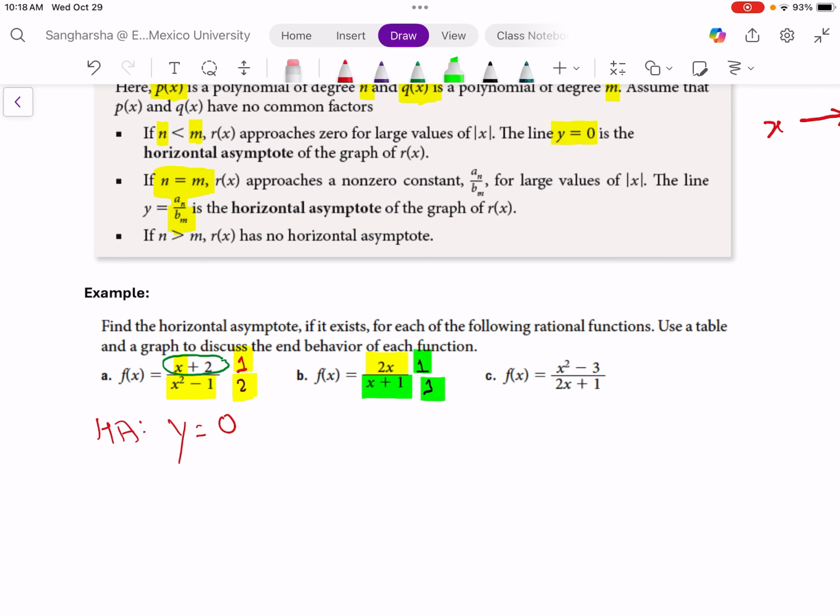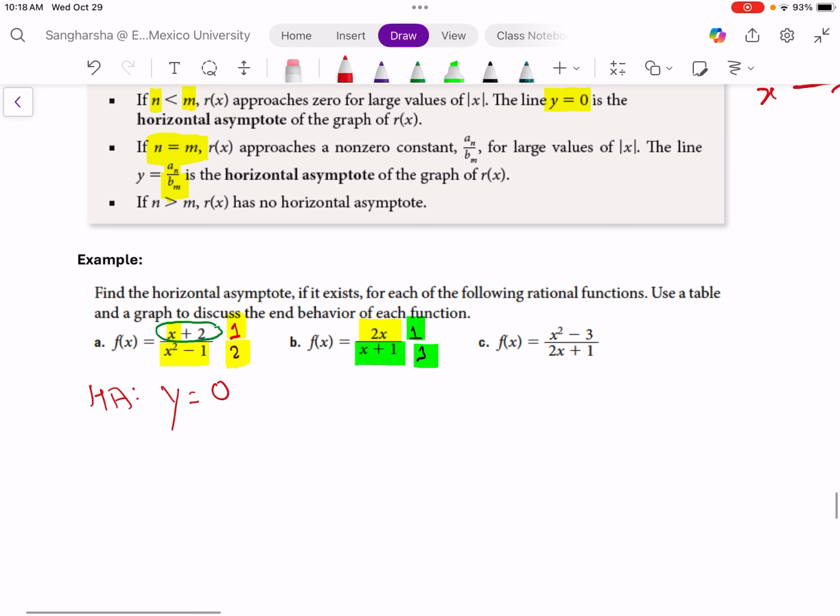And if this is the case, then your horizontal asymptote is y equals the coefficient of the leading term. We have only one term, its coefficient is 2, divided by the coefficient of the leading term from the denominator, which is 1. So y equals 2 is the horizontal asymptote.